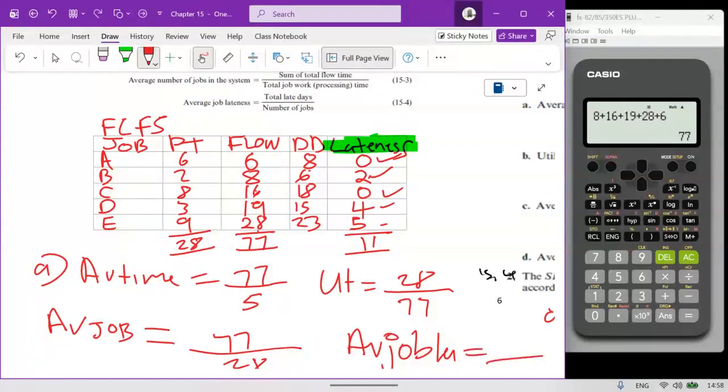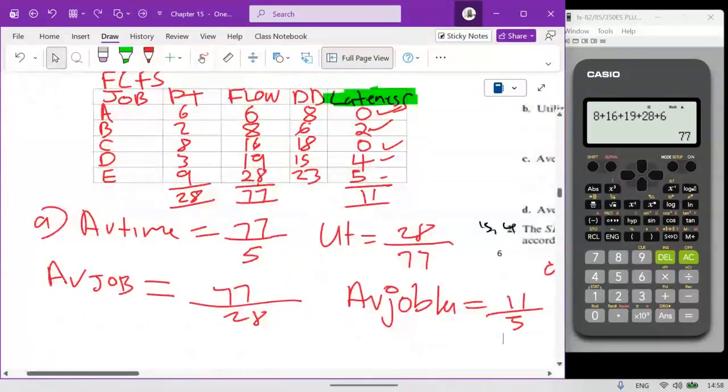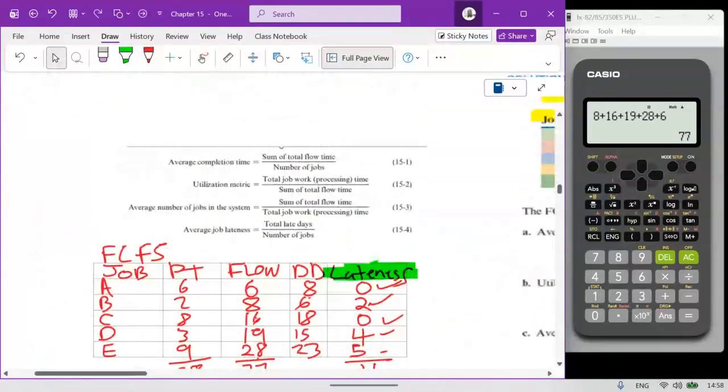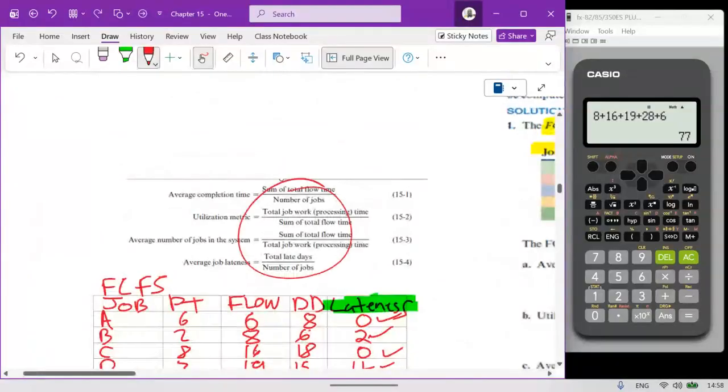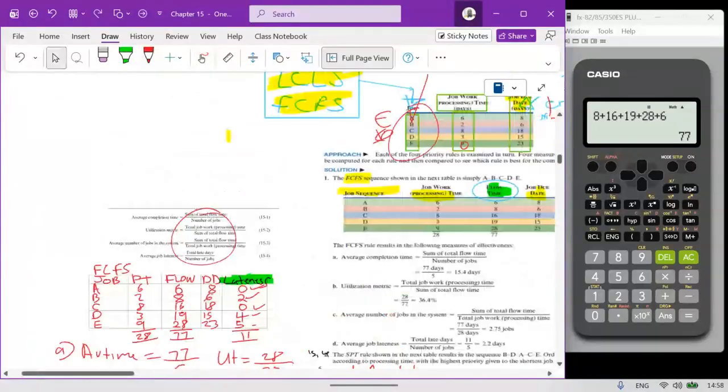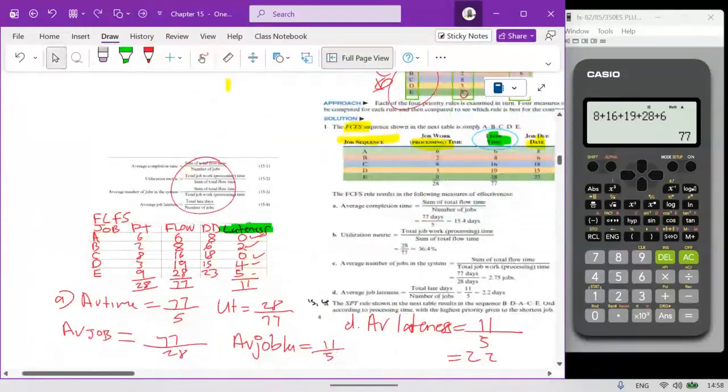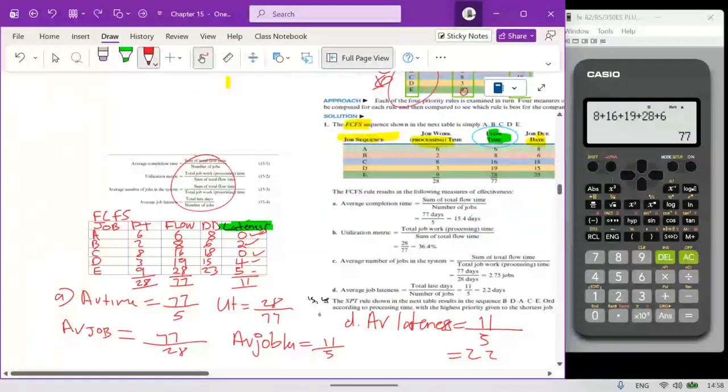Total late days, 11, over number of jobs, 5. And once you get these answers, you've answered these things: 77 over 5, 28 over 77, then 77 over 28, and 11 over 5. Then voila, you're done.